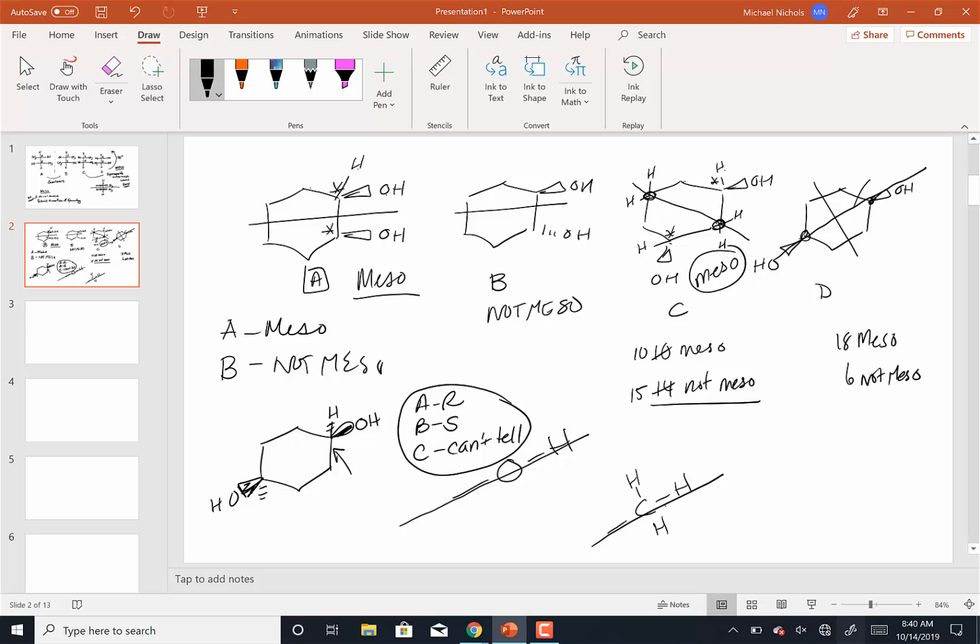Okay, let's vote. A is R, B is S, and C is can't tell. And your hand cannot be in the figure.